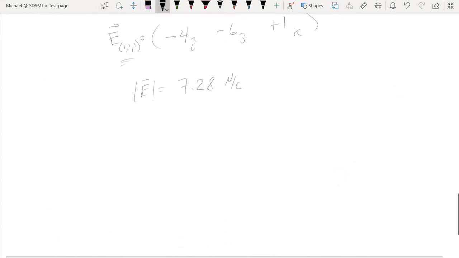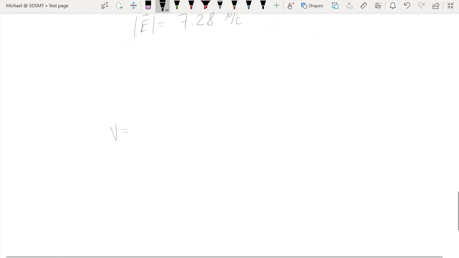One thing that we did not have for an example here, let's say we have a different potential function. We'll do 7xy cubed plus 3yz. So the x component of the electric field, this would be negative partial with respect to x.